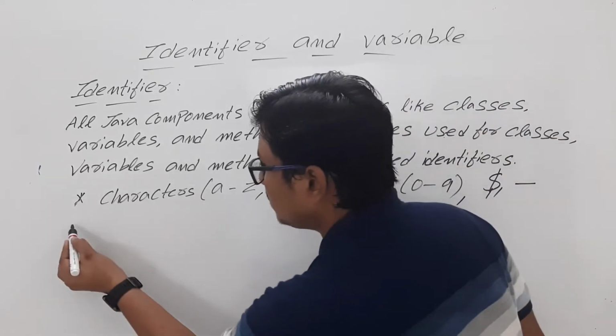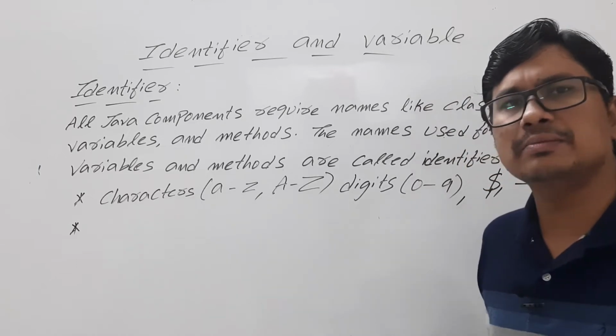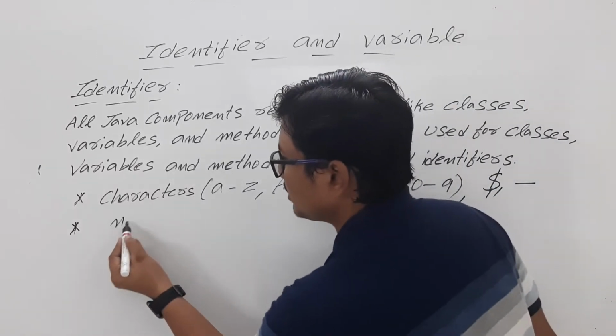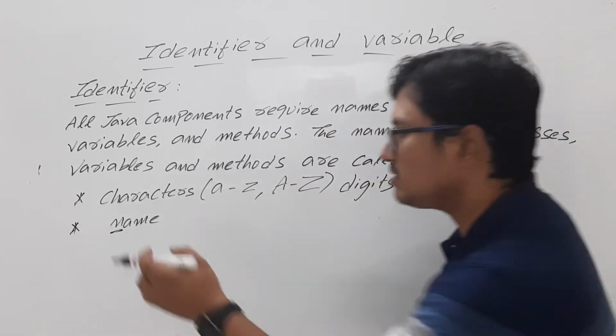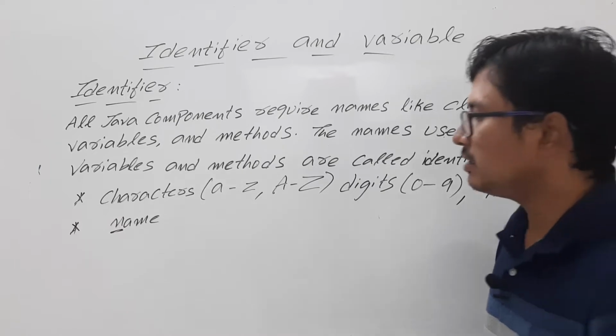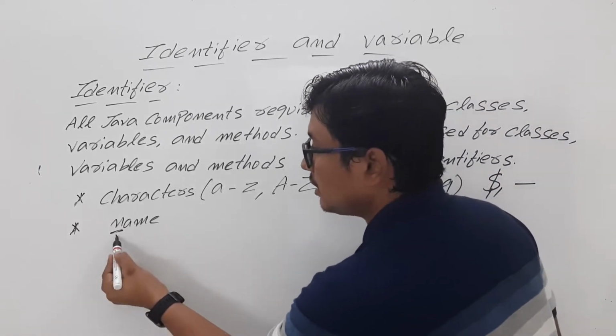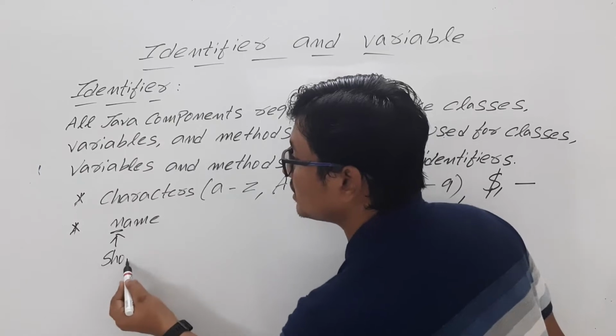Now another thing is, suppose you have given a name. This is the first character in the name. Remember one thing: always the first character in an identifier should not be a digit. You should not give a digit here.